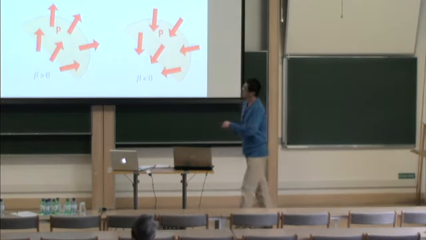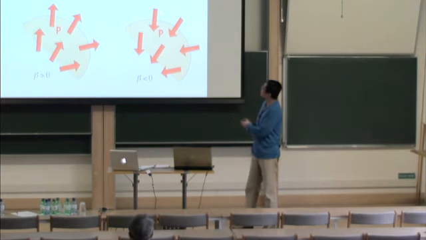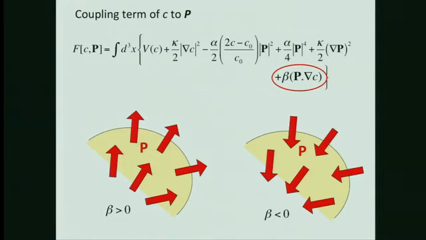And then the last term is the coupling between the polarization and the concentration. Basically, if beta is positive, that means the polarization wants to point perpendicularly outwards at the interface. But if beta is negative, the polarization wants to point perpendicularly inwards.